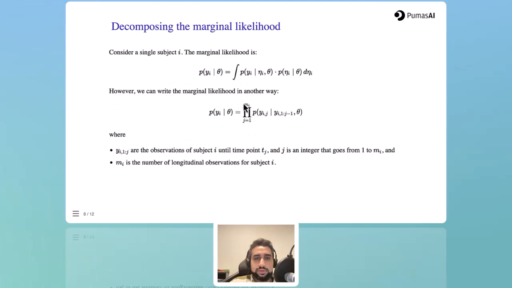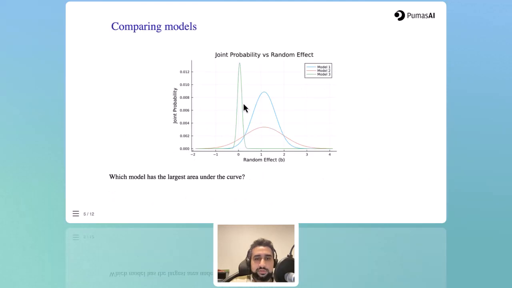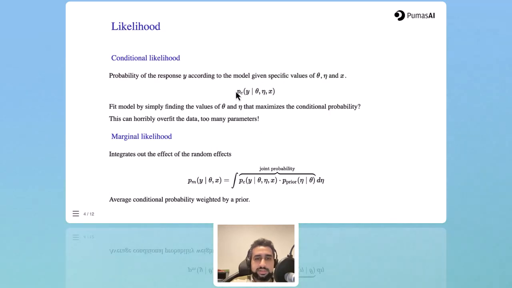Now compare this to maximizing the conditional likelihood directly. So if we just maximize this conditional likelihood here and all of the random effects are maximized jointly, then we're not really building in or encoding that notion at all. This is just like we're throwing in a whole bunch of parameters at the model and fitting all of them, and you're not really encoding generalization anymore.